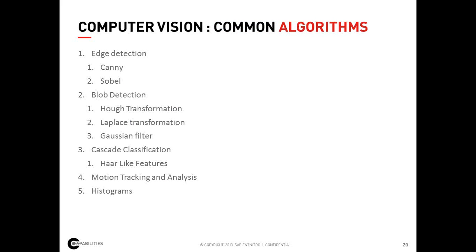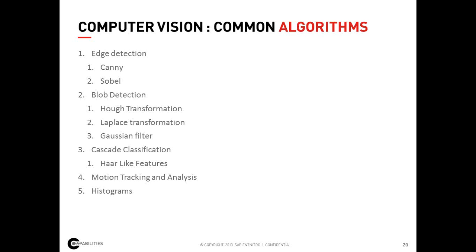The objective of computer vision was to get some information out of it, get the visual sense of what we as humans see, and give that power to the computers. So common algorithms that you normally use to get that information, from the basic ones, are edge detection, blob detection, cascade classifiers, motion tracking and all, and also histogram.